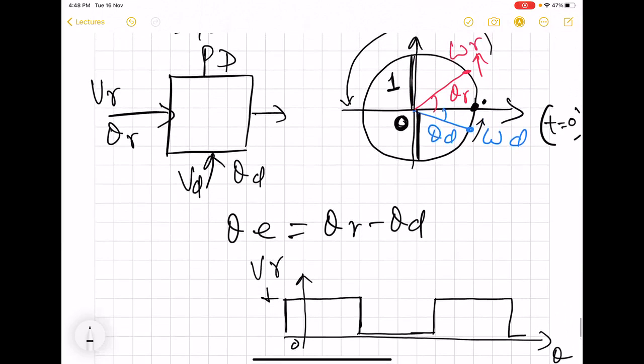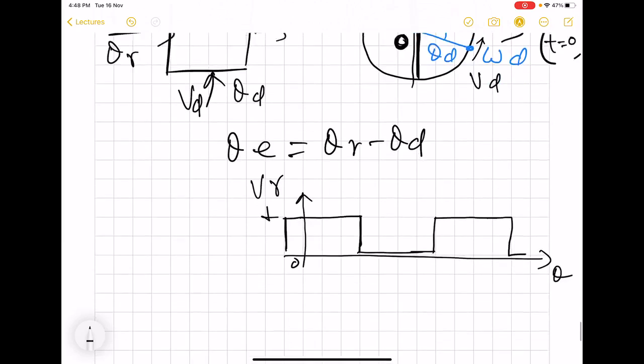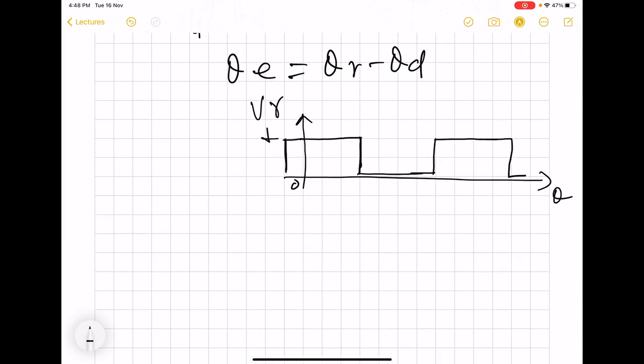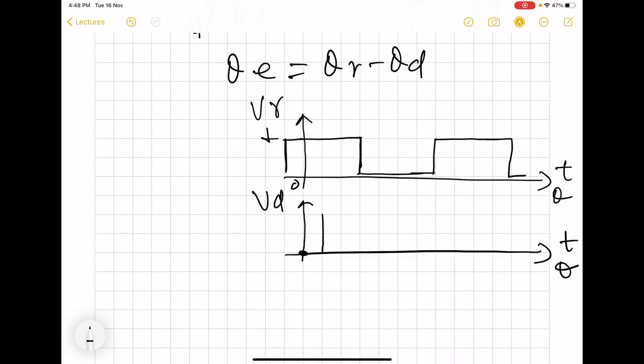Now we see that this VD has 0 value, and then it will become 1 after a certain positive moment, so after acquiring a certain phase. This is the theta axis, or equivalently it can be interpreted as the time axis also. So it is 0, and then after a small duration it will become 1.